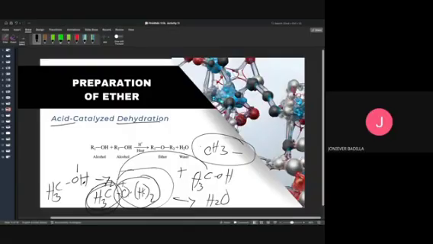So the final ether will be formed after your second alcohol will undergo deprotonation, meaning this hydrogen will have to be removed, allowing already your methyl group from the first alcohol molecule to attach itself, forming already your dimethyl ether. So that is again with the application of heat rather than your acid catalyzed dehydration.